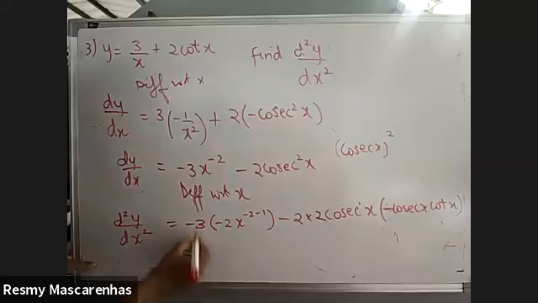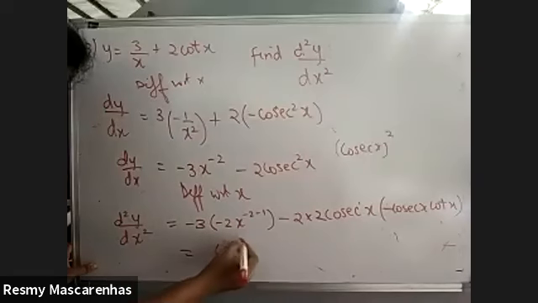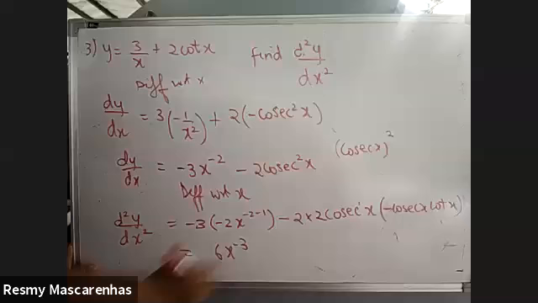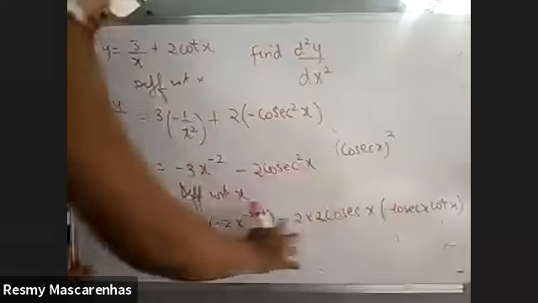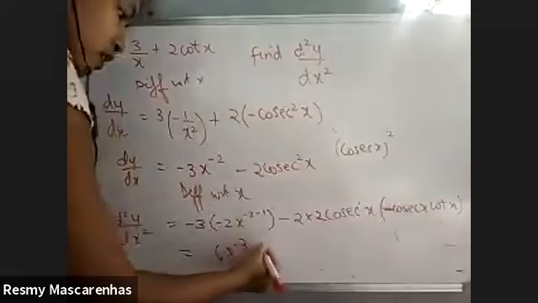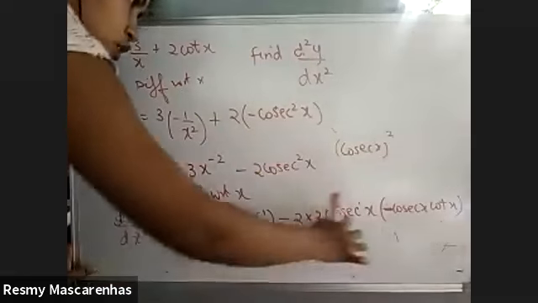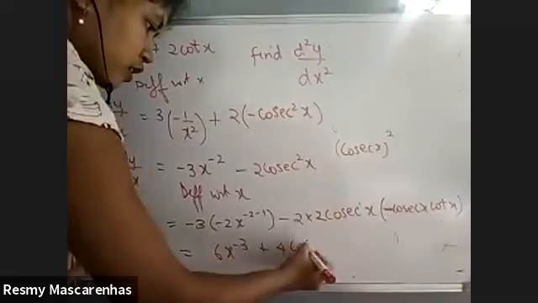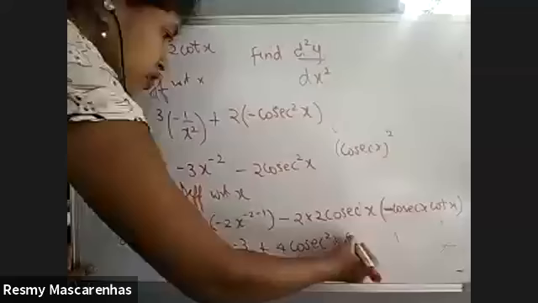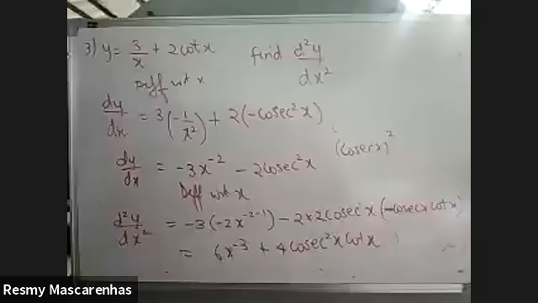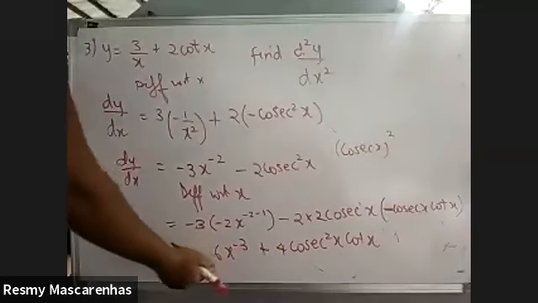So this will be minus into minus plus 6x raised to minus 3. Minus into minus will again give you plus 4. Cosec into cosec will give you cosec square. So this will be our answer. If you want, you can write it as 6 upon x cube.